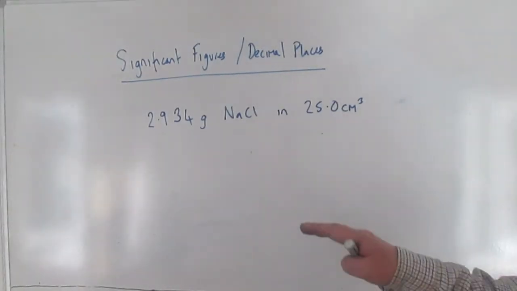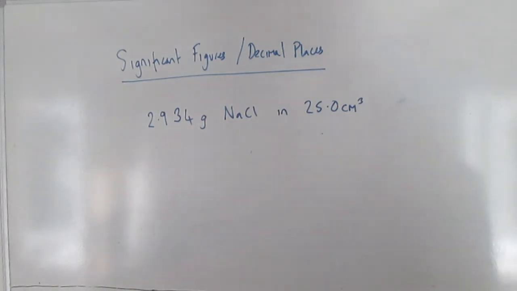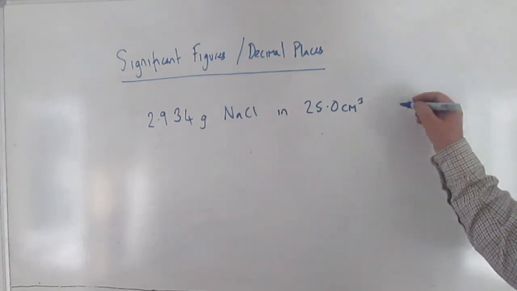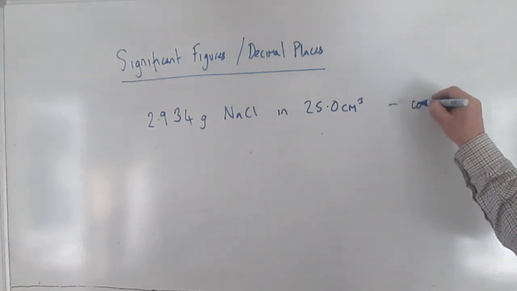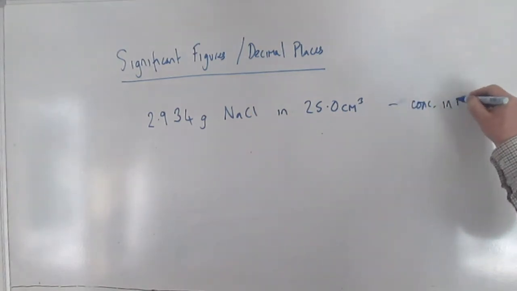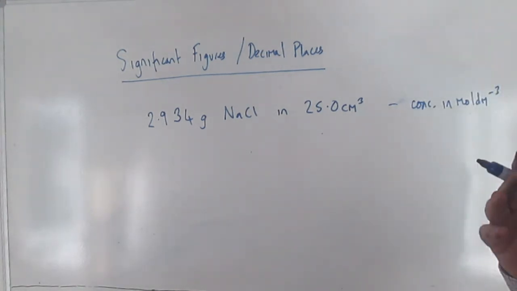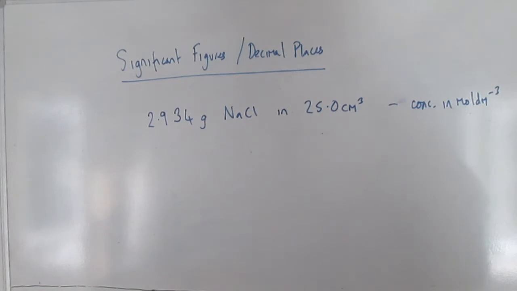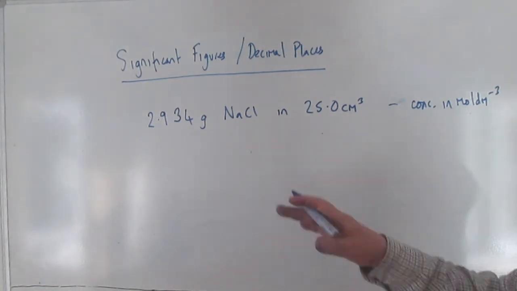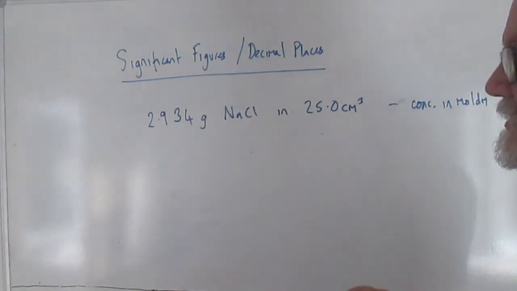Okay, so here's another example. If we've got 2.934 grams of sodium chloride in 25.0 cm³ of solution, and the question is, what's the concentration in moles per dm³? So we do the normal thing. We think, right, we've got to turn that mass into moles.